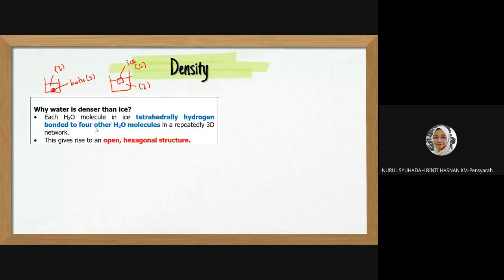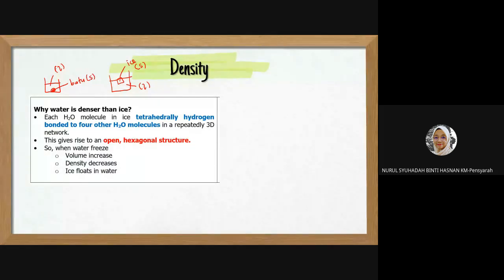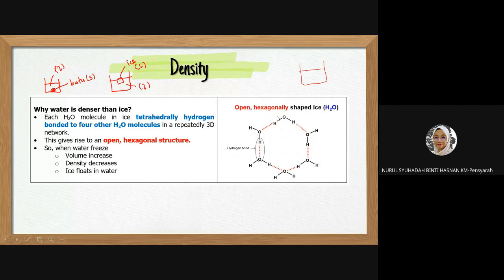Okay, so cerita dia adalah, so kalau H2O molecule tu dekat dalam liquid, dia freely moving. Okay, so bila dia freely moving, dia akan jadi liquid lah dekat sini. Tapi untuk ice, apa yang akan berlaku adalah, okay, dia akan ada satu bentuk yang tetap dekat sini.